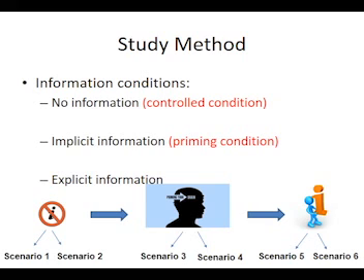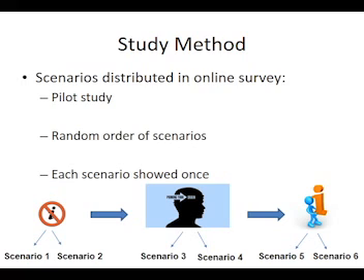And the scenarios were randomized. We did a pilot study, and the scenarios were presented in random order, and each developer saw each scenario just once and progressed from no information at all, to priming, and then to being explicitly told that the scenario had a vulnerability.